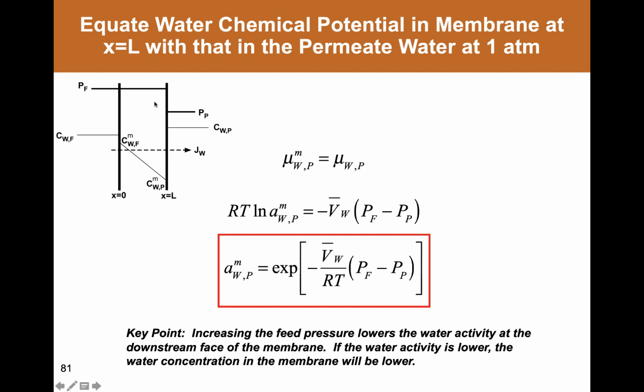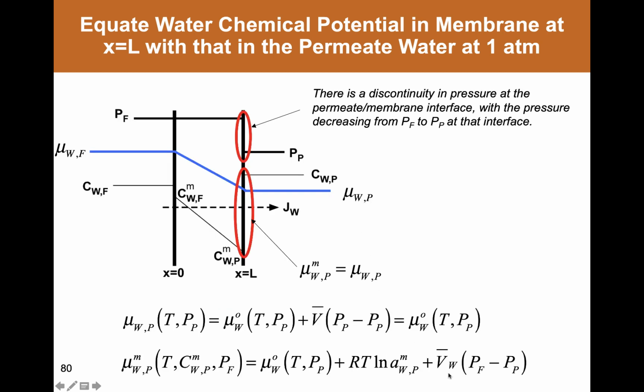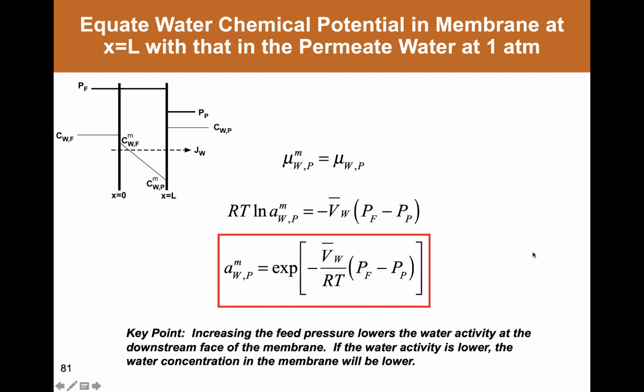And so if you've raised the chemical potential of water inside the membrane by raising the feed pressure, and it's trying to equilibrate with water at a lower pressure, the only way it can do that is by adjusting the concentration of water, lowering the concentration of water in the membrane to reduce the thermodynamic activity, to reduce the chemical potential of water in the membrane until we get back to equality of chemical potential. So as the feed pressure goes up, the thermodynamic activity goes down in order to keep the chemical potential of water in the membrane just equal to that in the permeate phase.